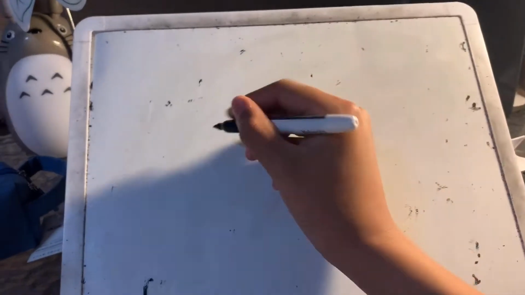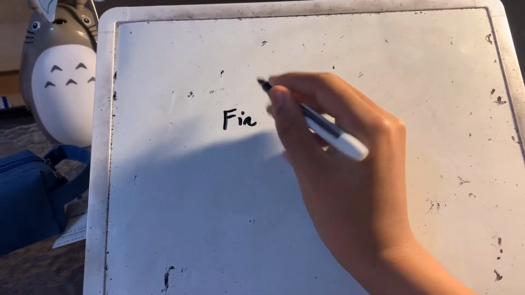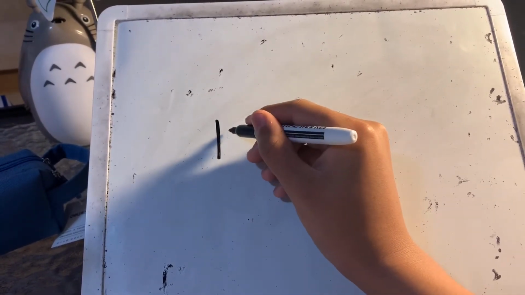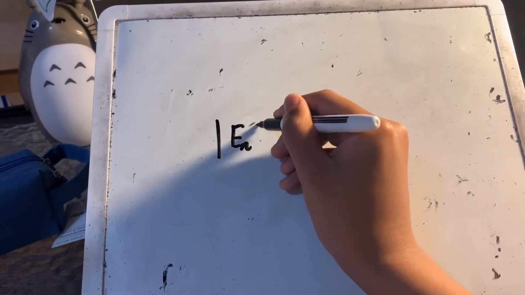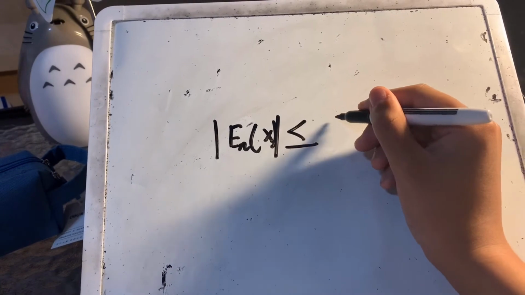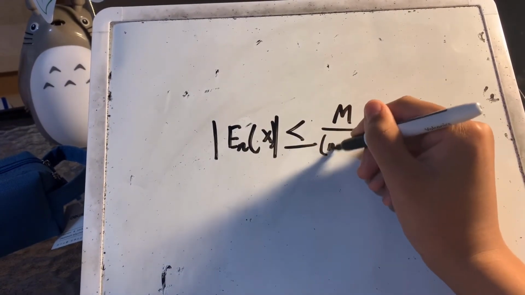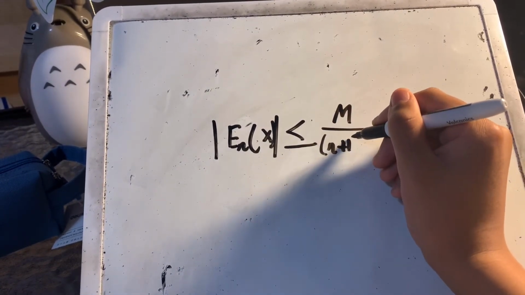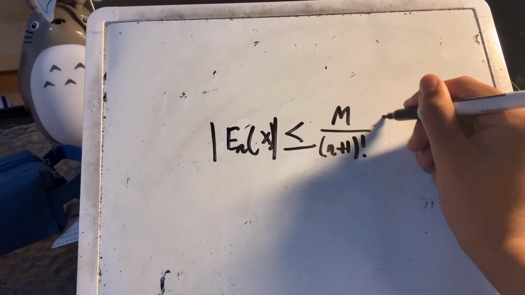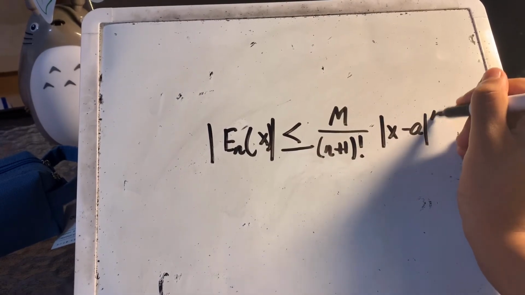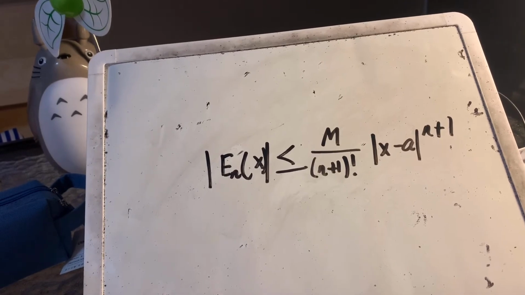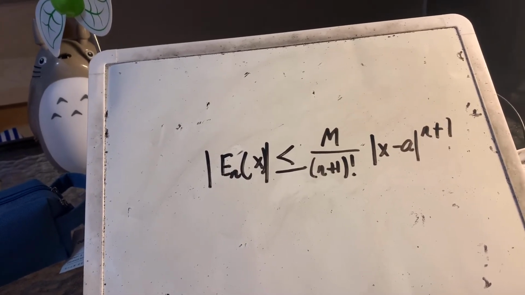Okay. Let's give you an example to see how to do this. So there is a formula. The error bound is less than or equal to M over (n plus 1) factorial times the absolute value of (x minus a) to the power of n plus 1. This is the equation for the error bound.